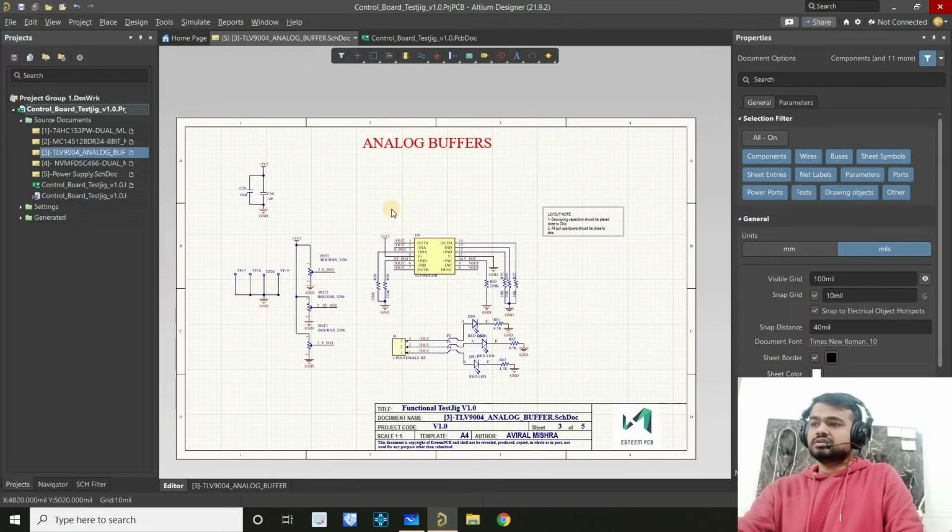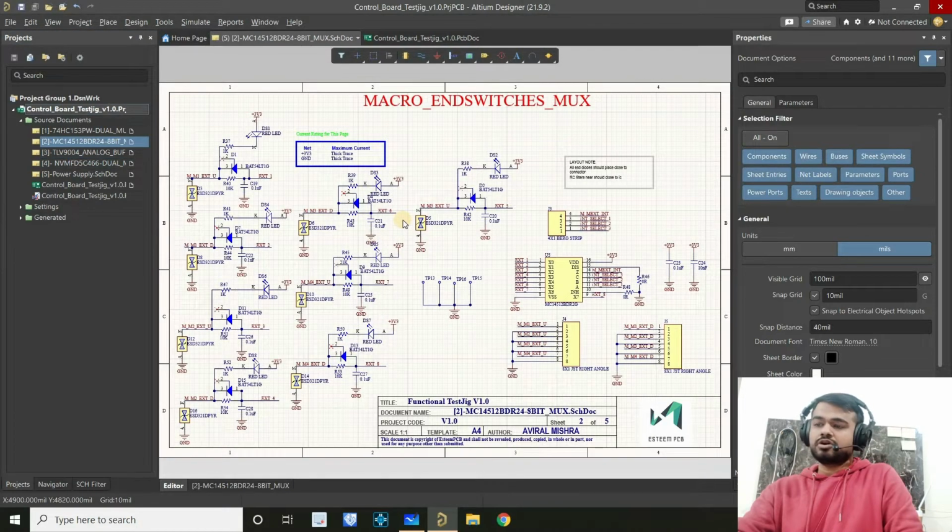Then we have some analog buffers connected to 3 potentiometers, and then a lot of digital interrupts. Here we have connected 8 switches on this MUX.